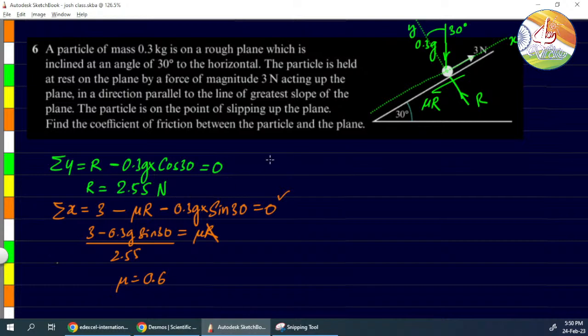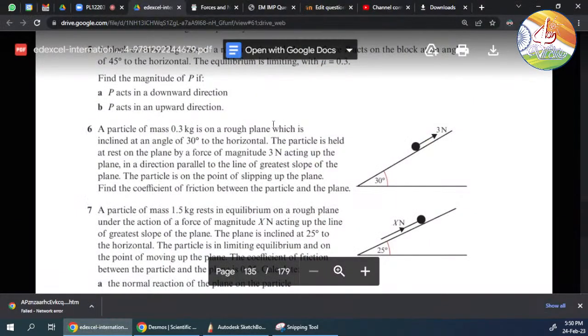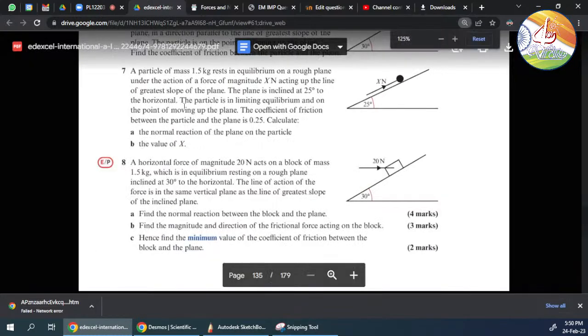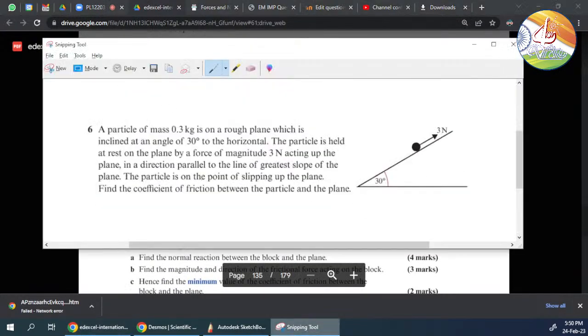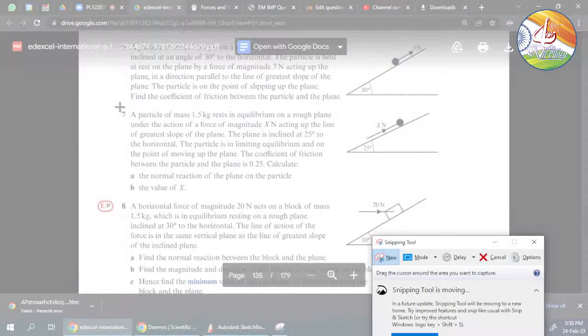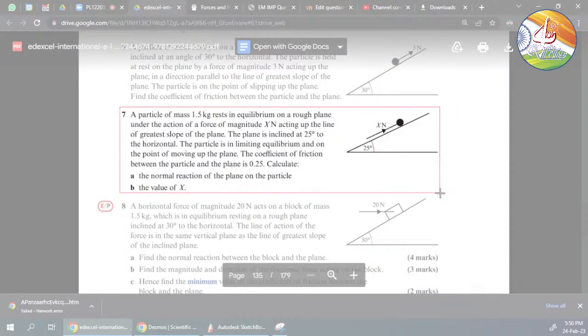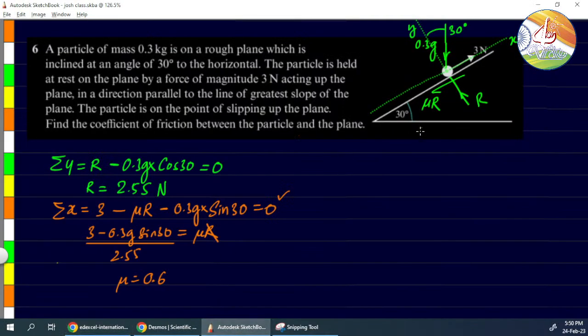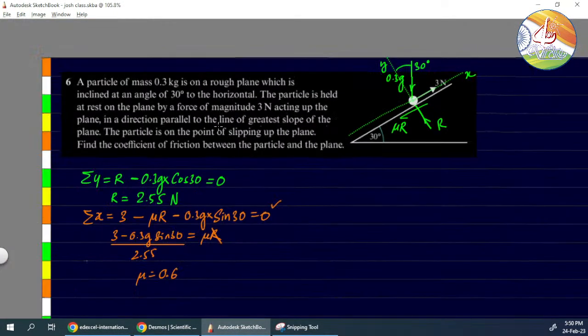So clear? Any doubts here? Okay. So this is over. Next is this one, the 7th one. So for the direction of friction, you need to be careful, okay?